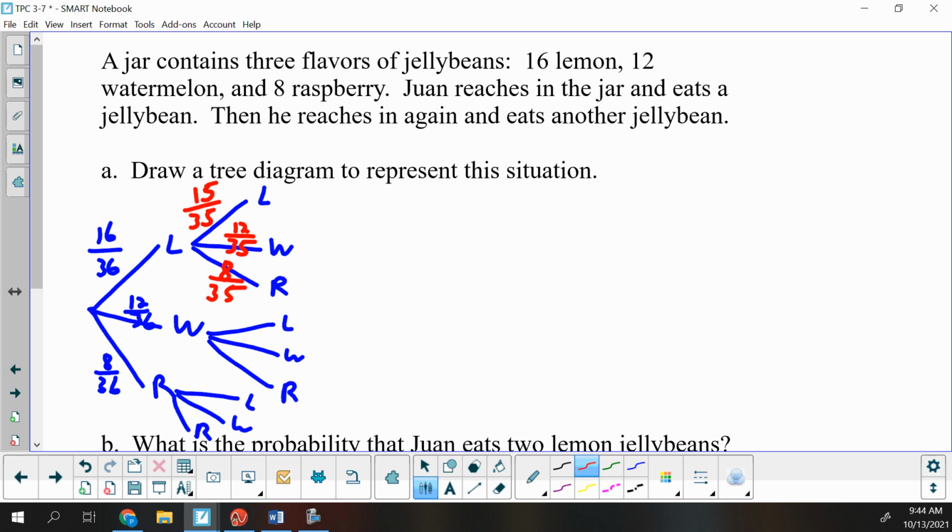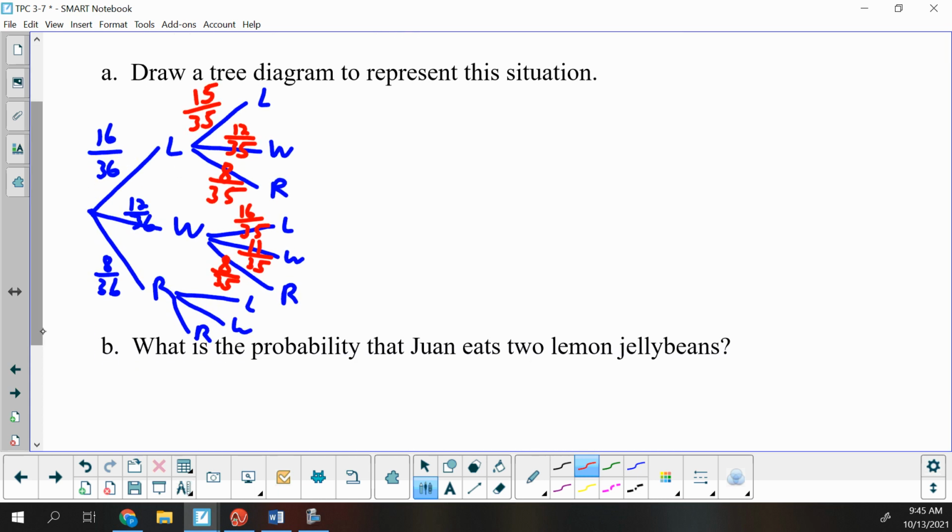Doing a similar idea with the others, if a watermelon's eaten, we still have all of the original lemons, and there's 35 left. If we ate a watermelon, we're now down one watermelon, and there's 35 total left. And if we ate a watermelon, we still have all 8 raspberry, and there's 35 left.